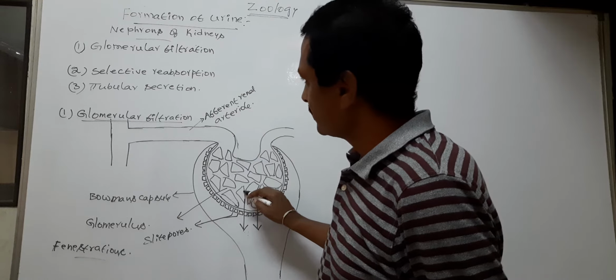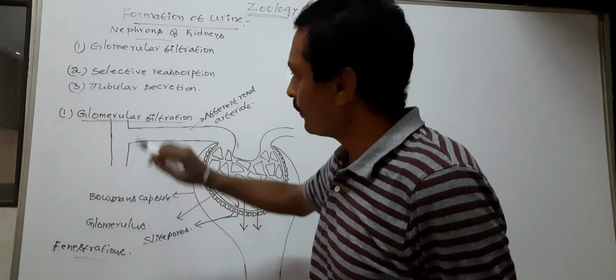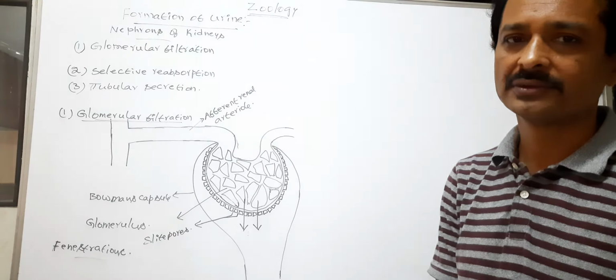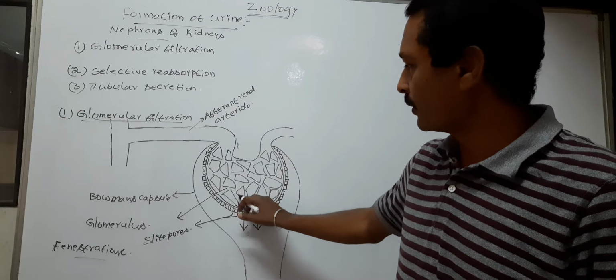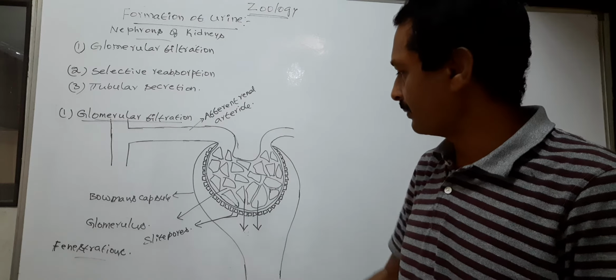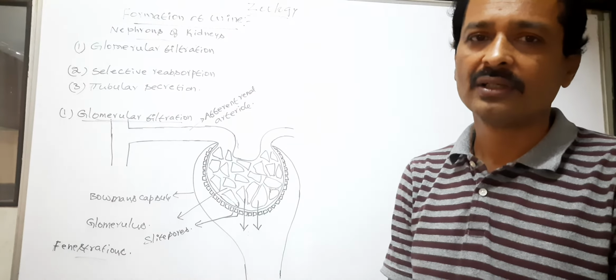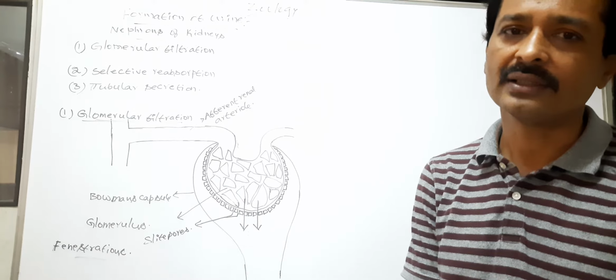Here, the glomerular filtration between the glomerulus and the lumen of the Bowman's capsule requires a filtration membrane.